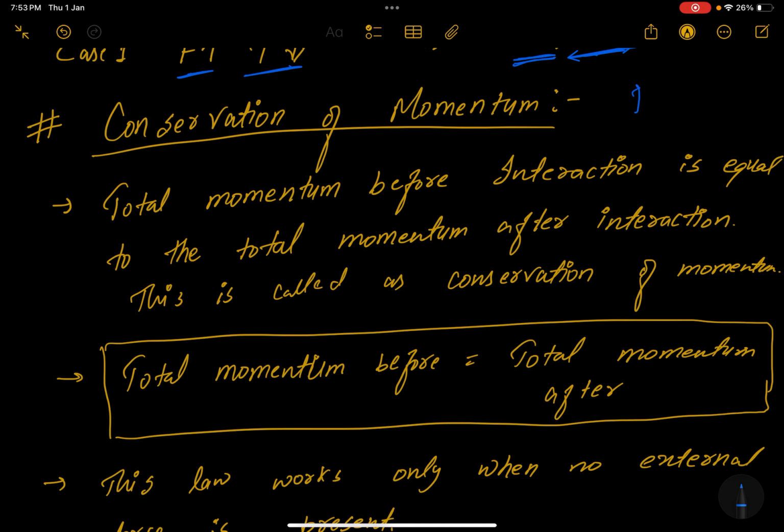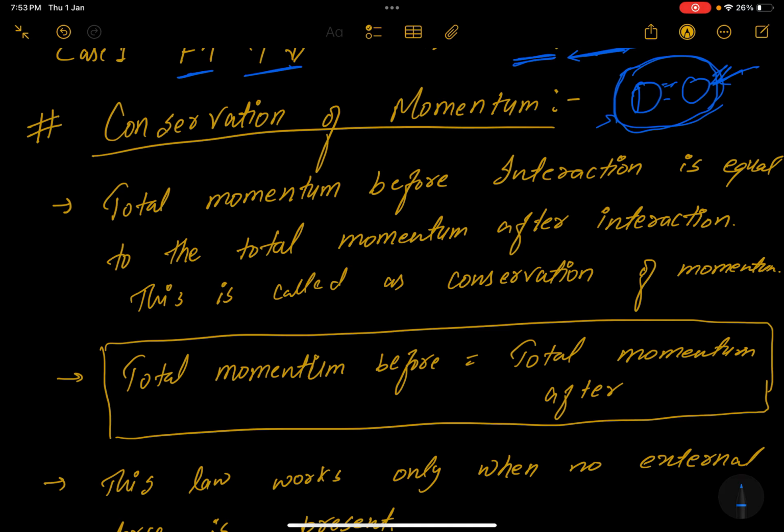If there is this ball and this ball, and they are interacting with each other, take these as a system, and no external force is acting on it. This is the concept.